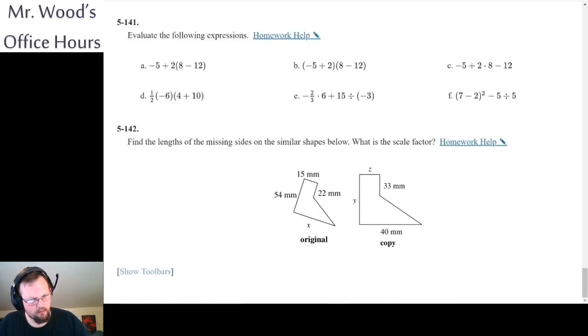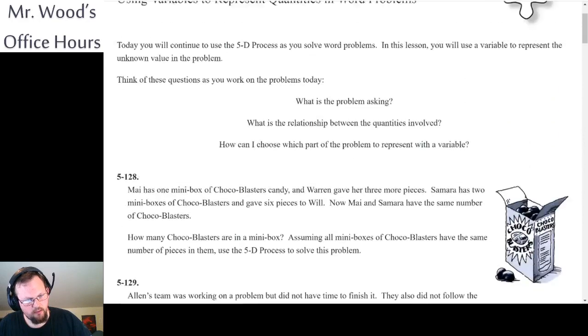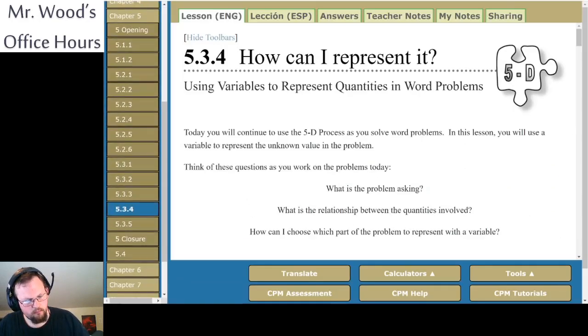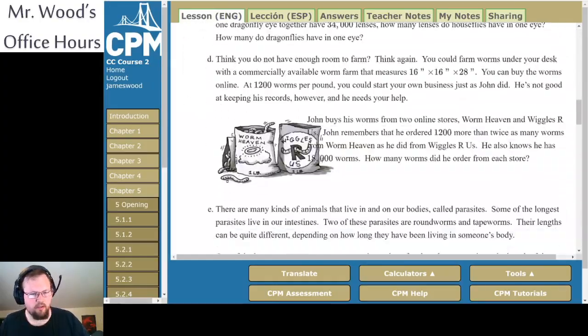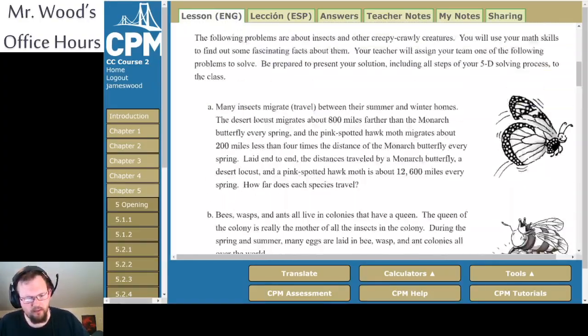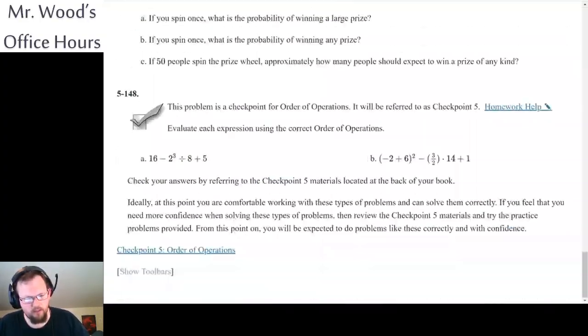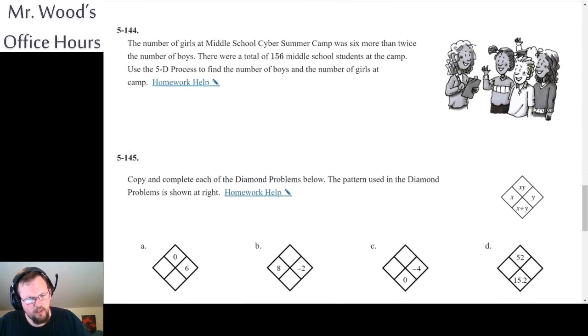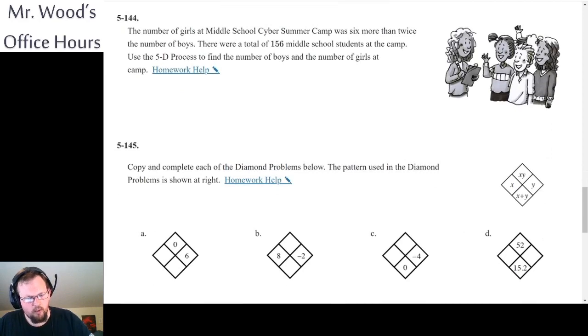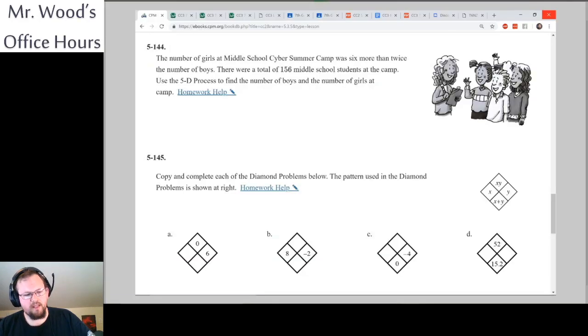And then some of these other questions were in the next section. Okay, I've kind of got a lot of questions on this whole section, which is okay. This is not an easy section to do. So there was a little bit of question on 5-144, mostly because this is a 5D process, and so part of what you're able to do is come up with a bunch of equations for these.